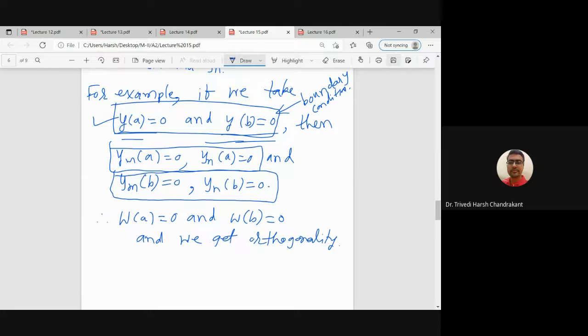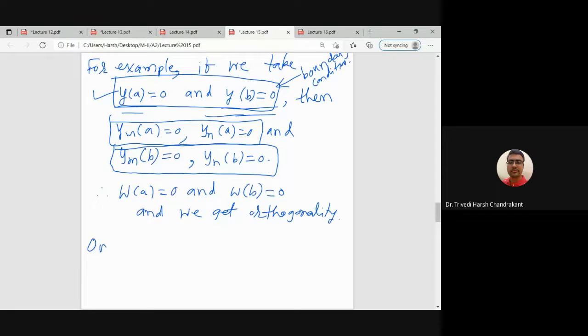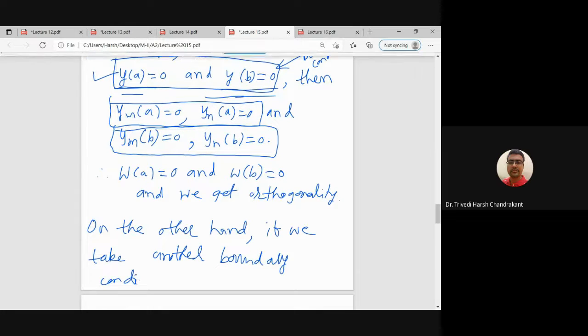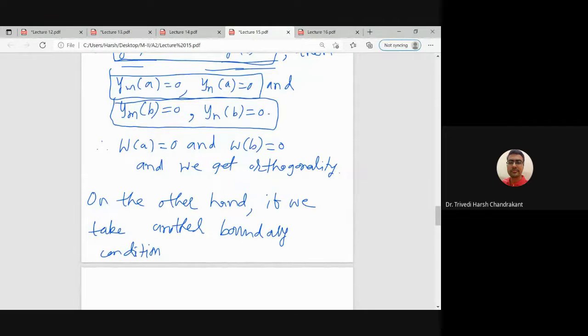Similarly, if we take another boundary condition, which is in terms of the derivative. So suppose we take y'(a) is 0 and y'(b) is 0, right?